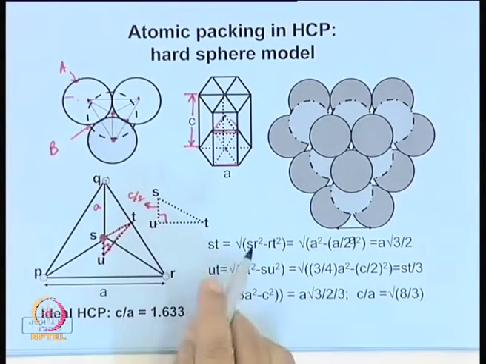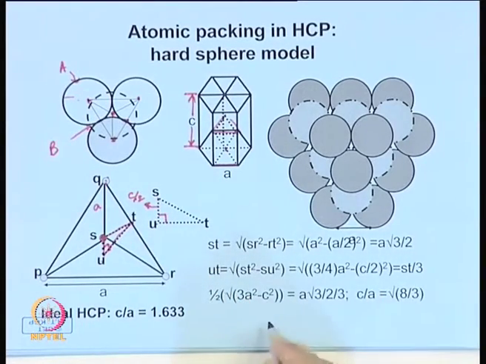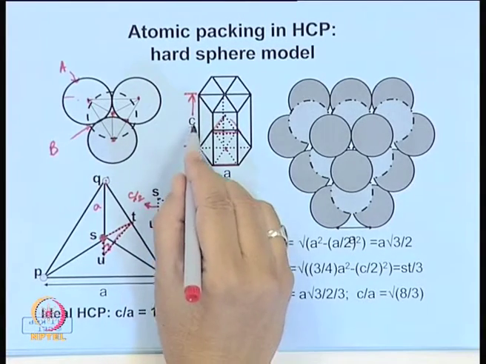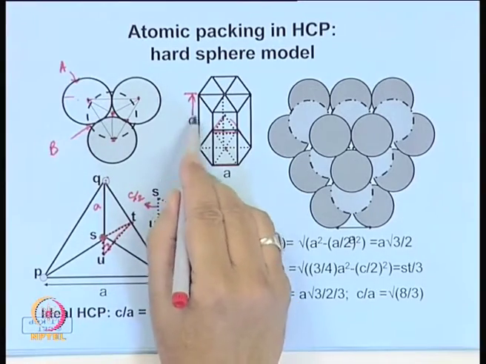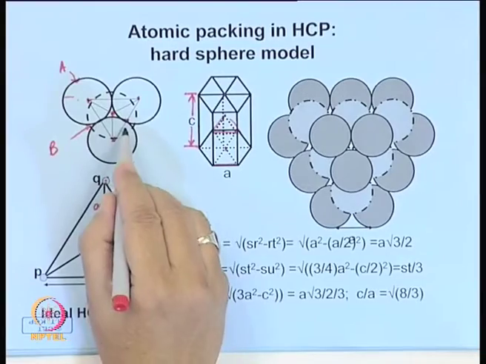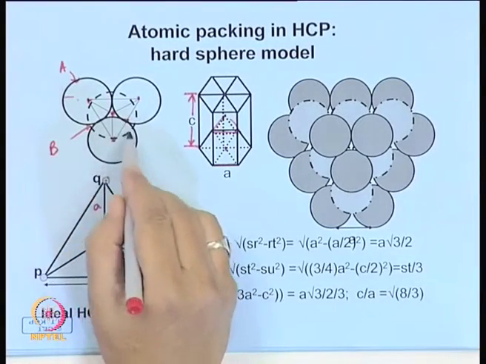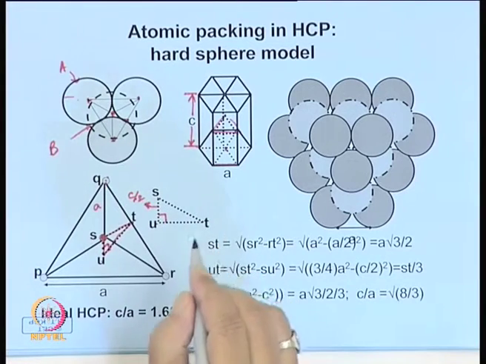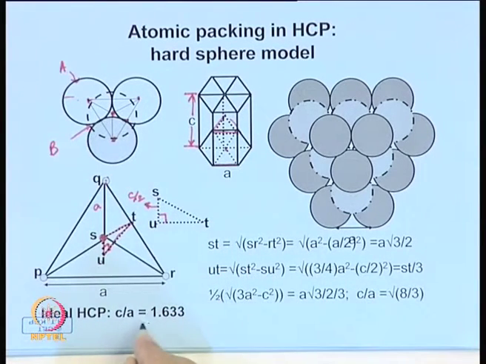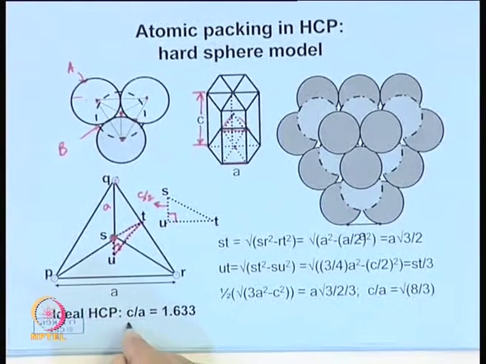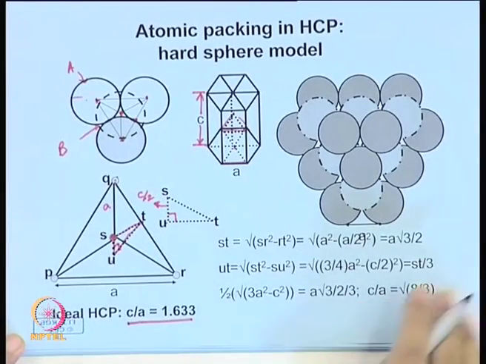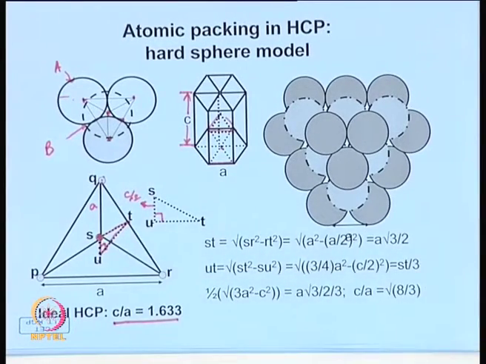If you simply go through the steps of calculation, it will be possible to show that there is a basic relationship, because c is not independent; the magnitude of c is determined by the diameter of the atom. So, it is not independent of a, and if you go through the steps of calculation, you will find that the ratio c over a equals 1.633. The steps are shown here, but I think you should try it yourself.